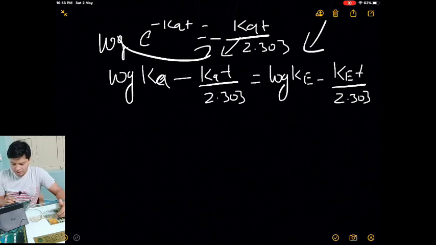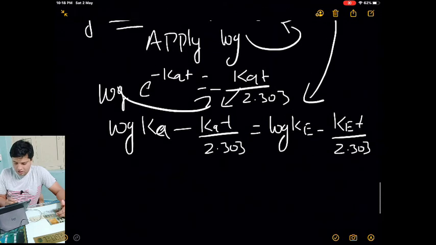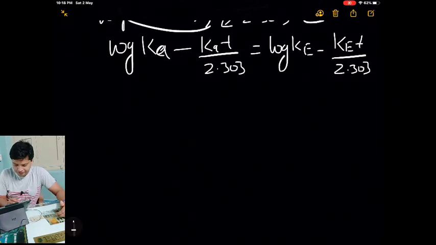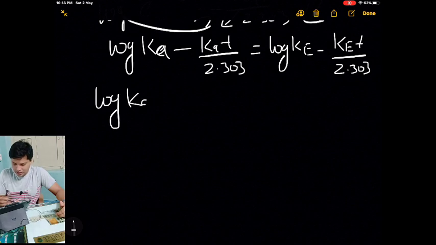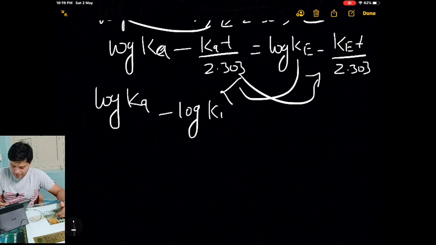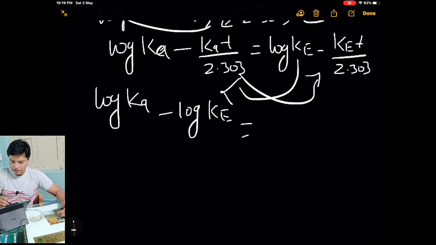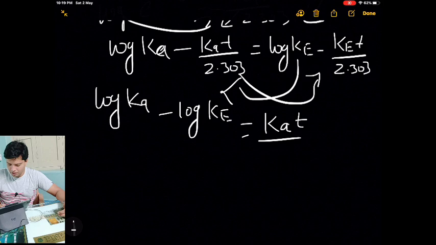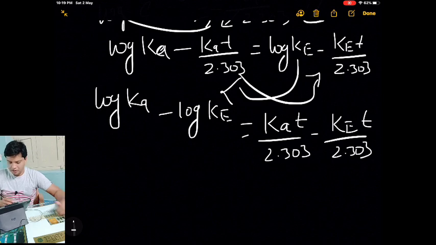So log ka minus log ke is equal to, this part goes to the other side and becomes positive, kat by 2.303 minus ket by 2.303.